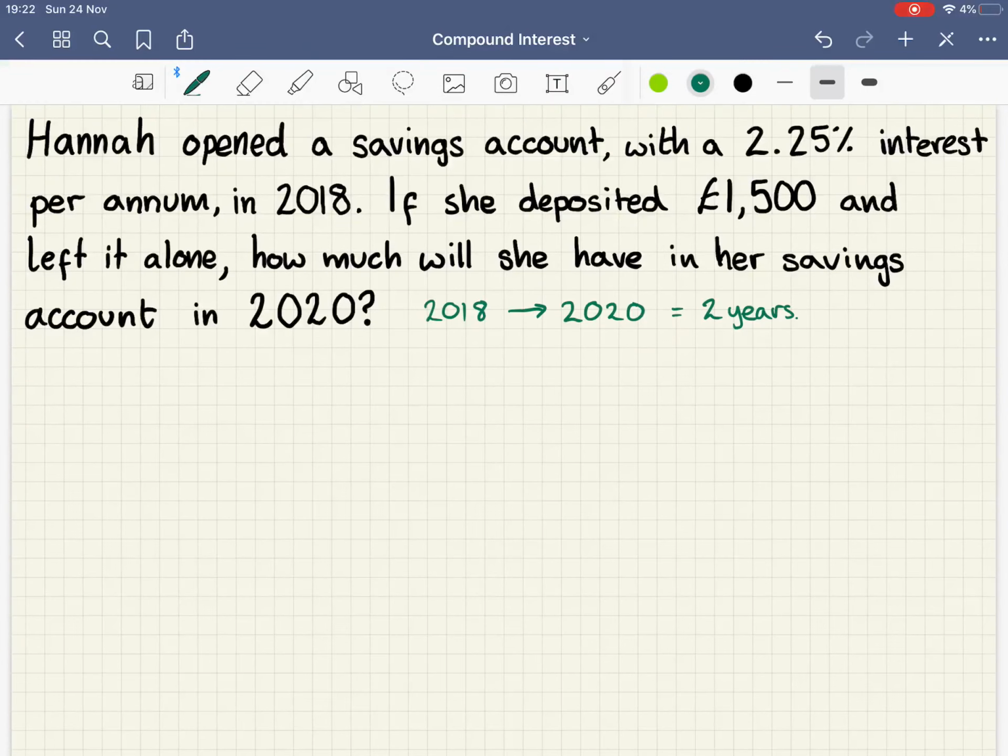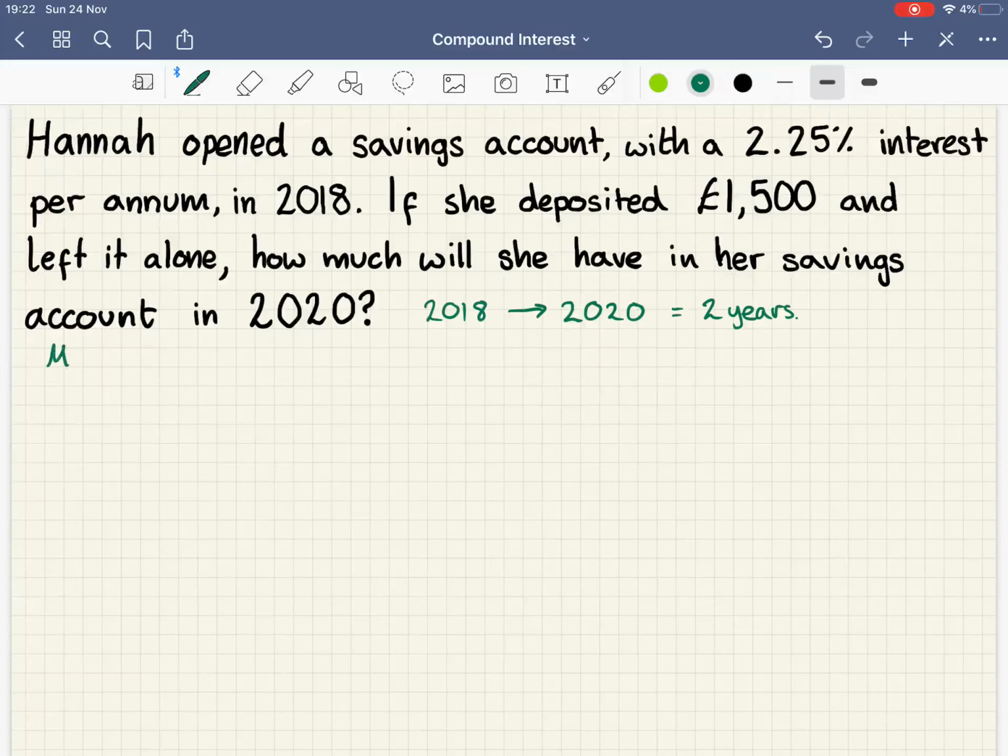So I would even just make a note that that time scale is 2 years, just so you don't do something daft. And if you're using the equation, I've seen people put 2018 as their power. It's not their power, it is strictly that 2 years.